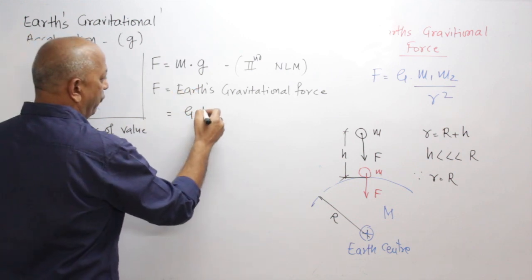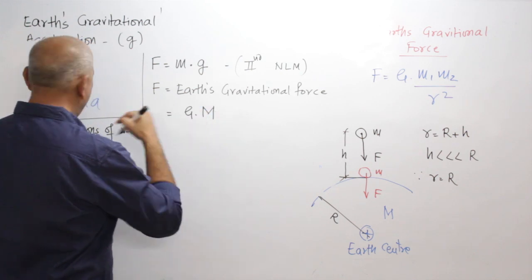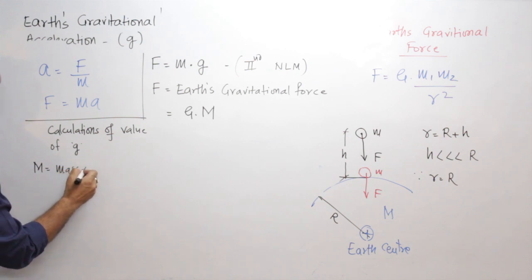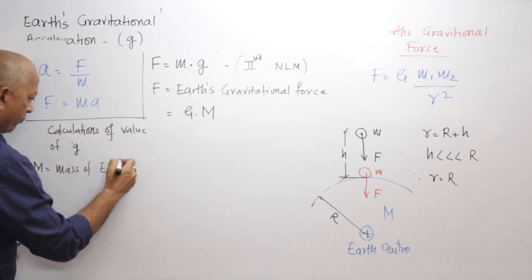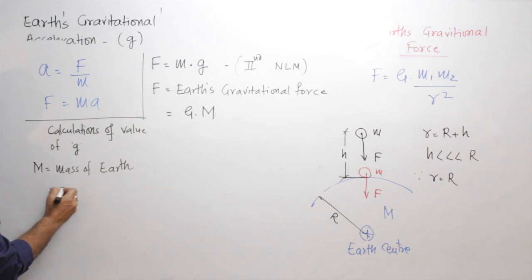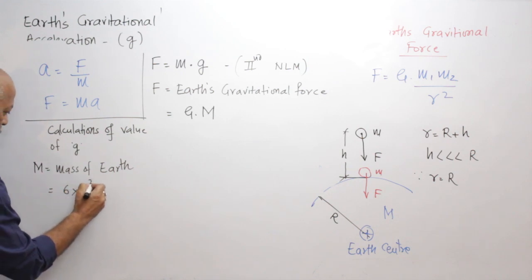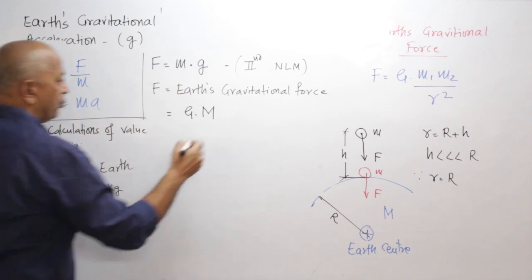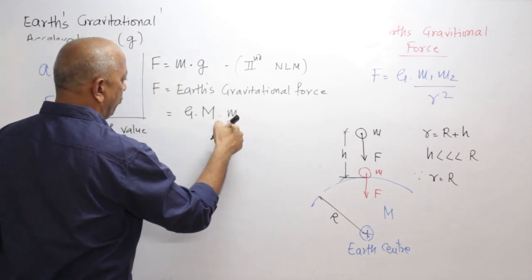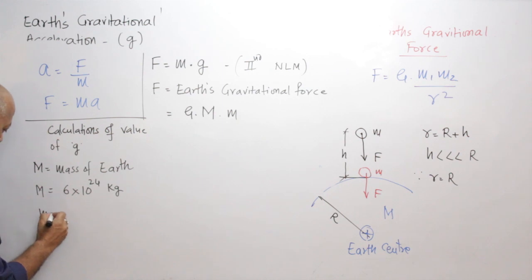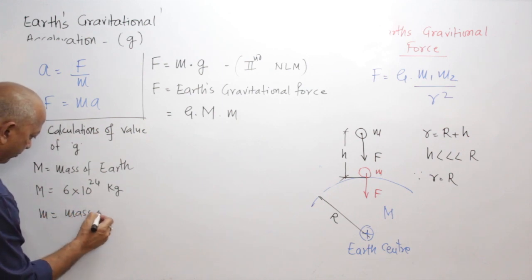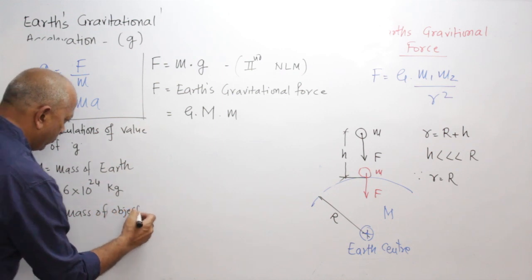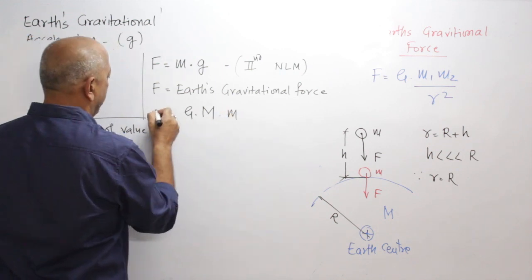Now here, M is equal to mass of Earth, and that value is given as 6 into 10 raised to 24 kg. And m is the mass of the object.